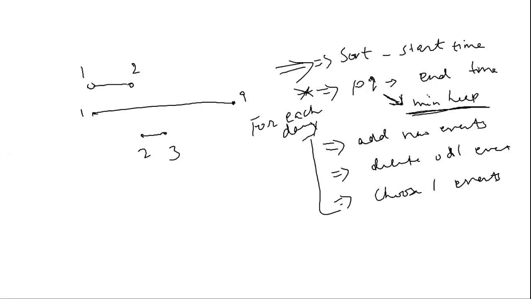So a single array can't solve this, I think. If we sort this array again with the end time, then we will not be able to. We anyway need some other data structure to store the end time. That's what I think.